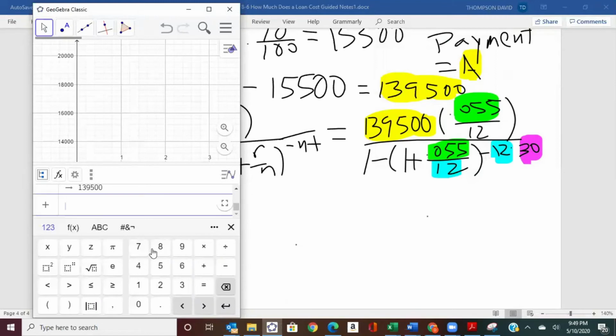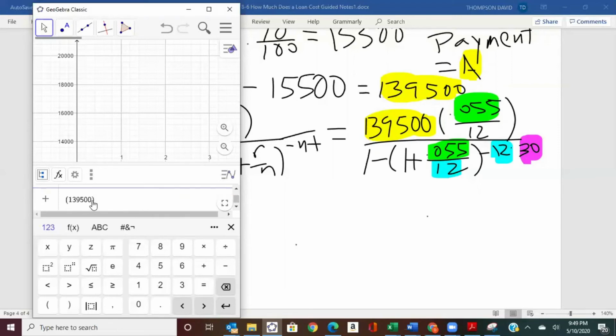So we have, make sure you use parentheses to make sure everything's in the right spot. Otherwise, the division might not work appropriately.